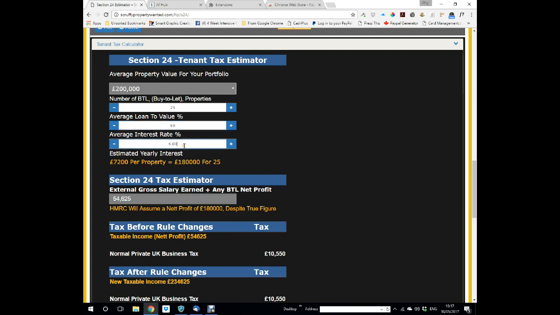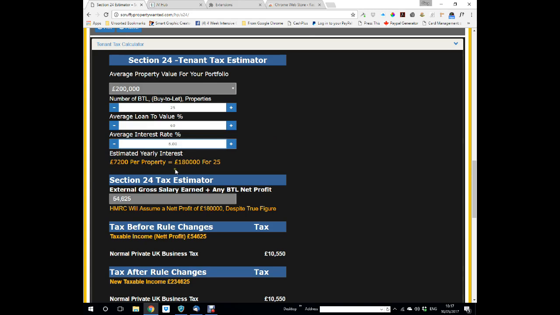Okay, stress test your business. So this is anticipate what interest rates might go to, say at the end of your introductory rate, especially if you're doing houses of multiple occupancy, because the interest rates on that may go through the roof if you end up doing commercial finance and so on.